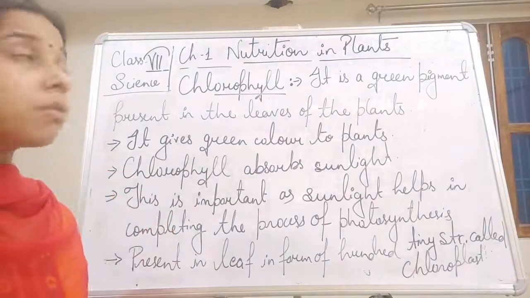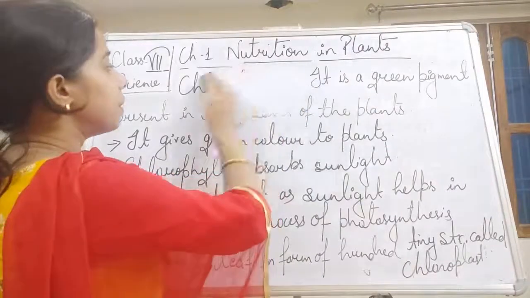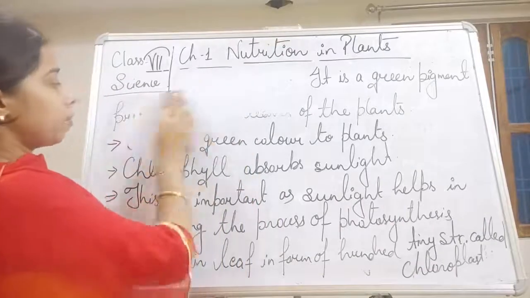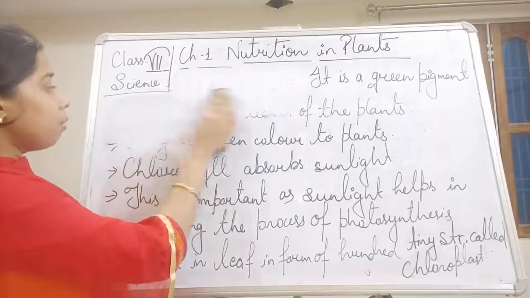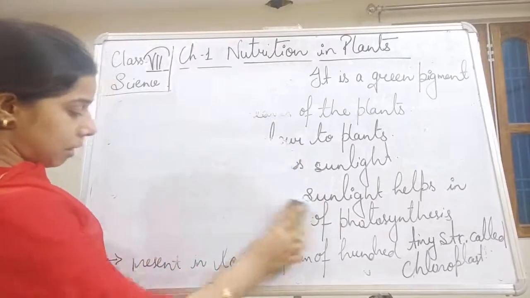Okay, so this is all about chlorophyll. Now moving on, we will see another one, that is the last one, that is presence of sunlight. How sunlight is important for the process of photosynthesis.